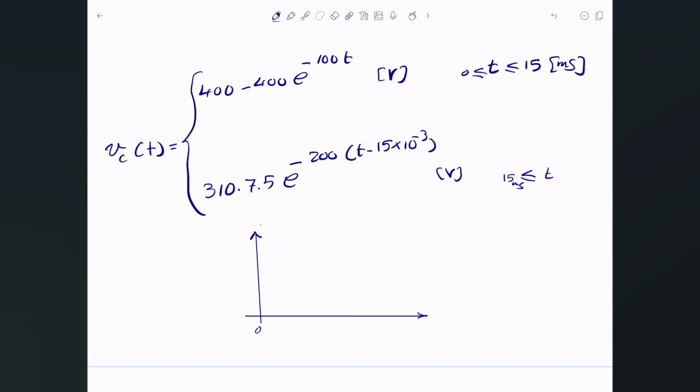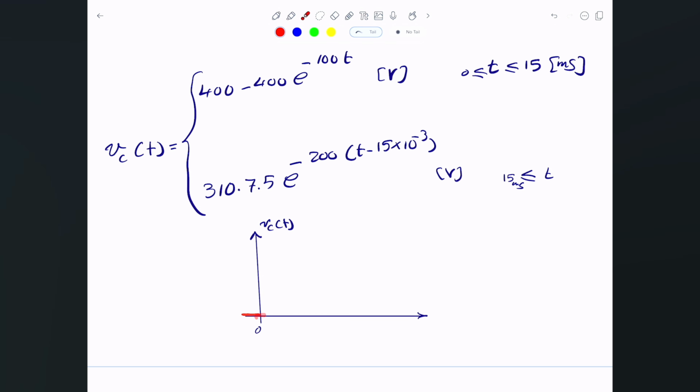That will be VC of t. Initially, the voltage happened to be 0, because remember the capacitor was not charged. Take a look at this equation: you can substitute t to be 0. If you do, the e to the power becomes 1, and 400 minus 400 is simply 0.